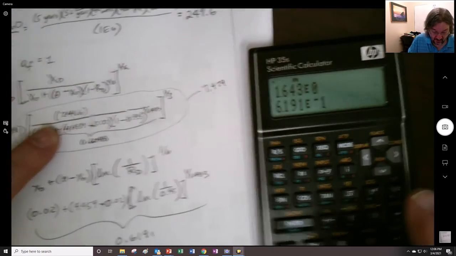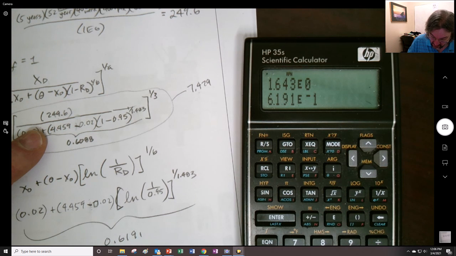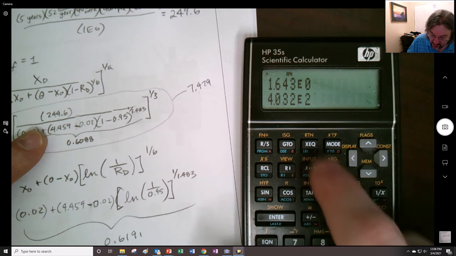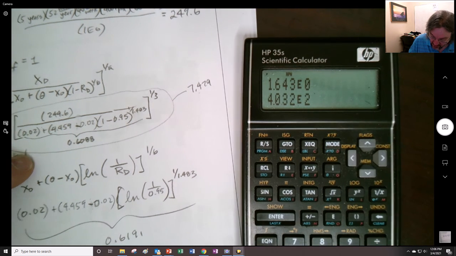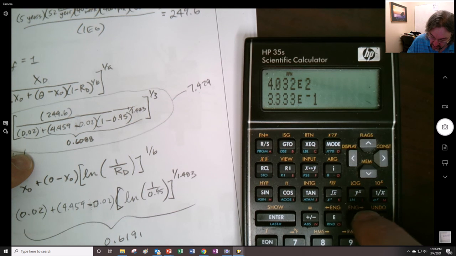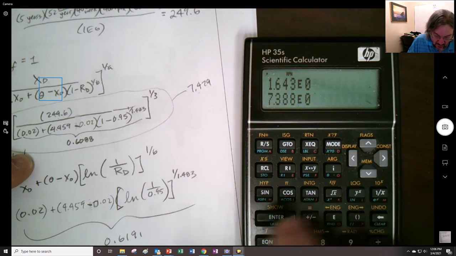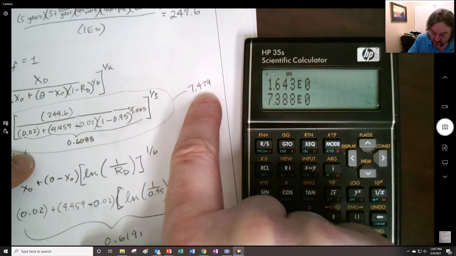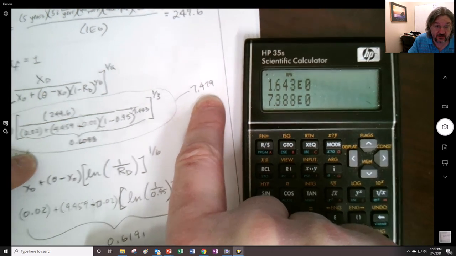So let's see, if we take the 249.6 and now we raise it to the 1/3, I get 7.388 compared to this.